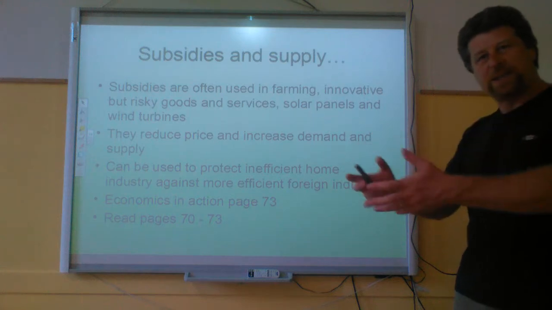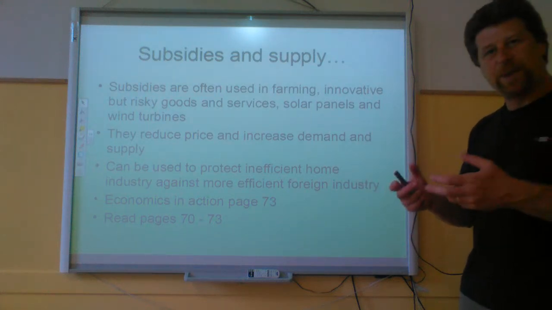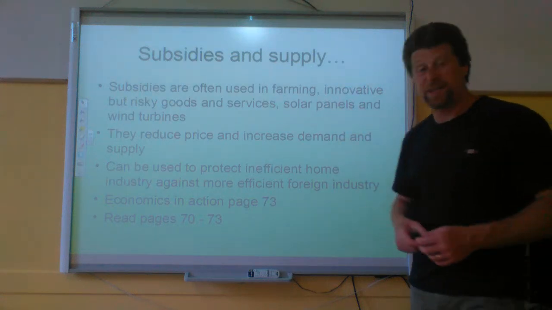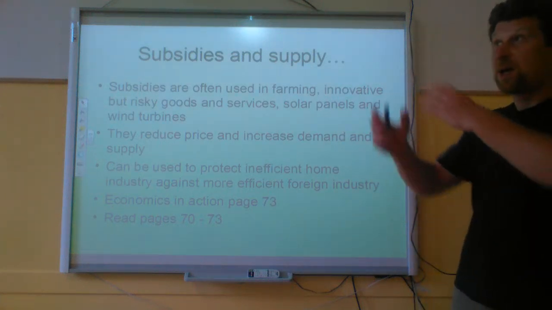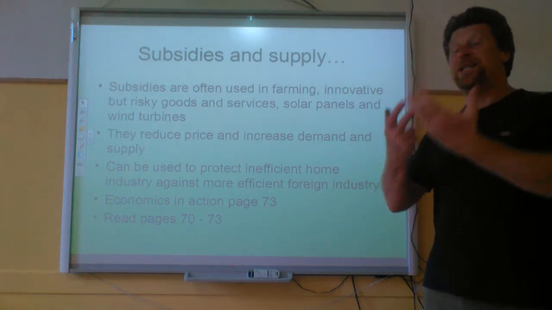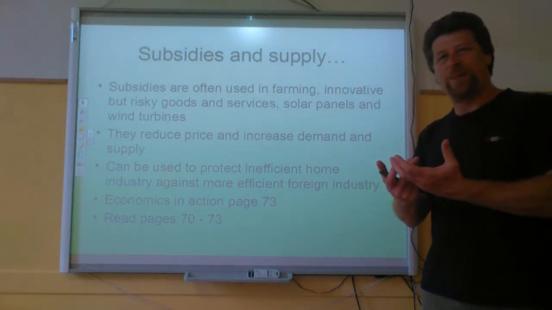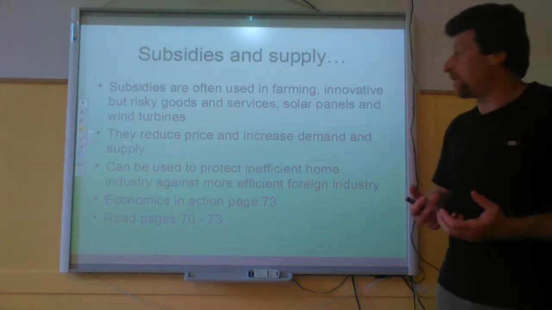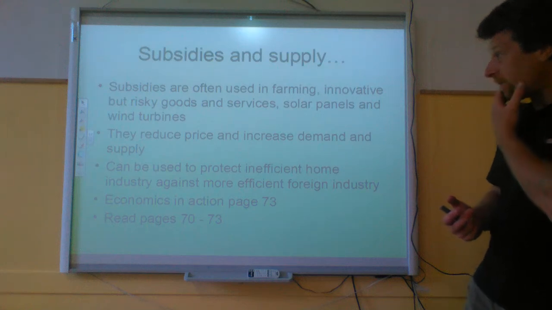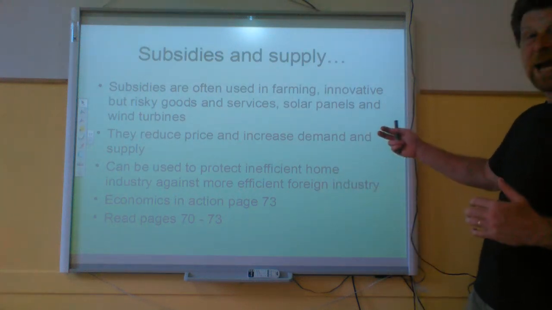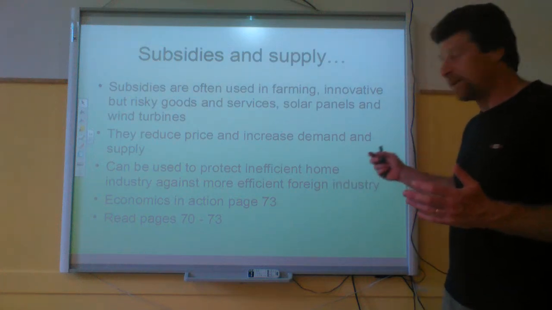The government can subsidise and give companies money to encourage this activity. Another example would be solar panels and wind turbines for the environment. Maybe the energy produced by solar panels is more expensive, but it doesn't damage the environment. So, subsidies would reduce the price and increase demand and supply.